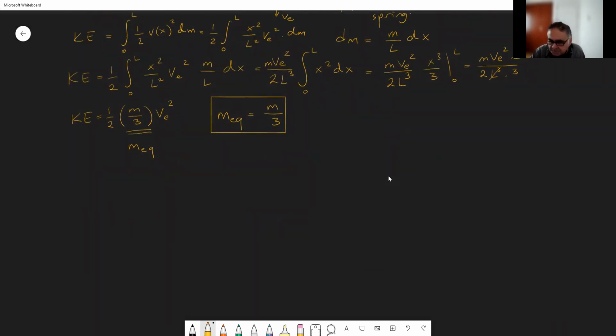Okay. So, for example, if you have a spring with K and M connected to a mass with a capital M, and you want to model this with a spring and a mass here at the bottom, and you want to lump the mass of the spring to the main mass, you don't lump it as M, but you lump it as M over 3.